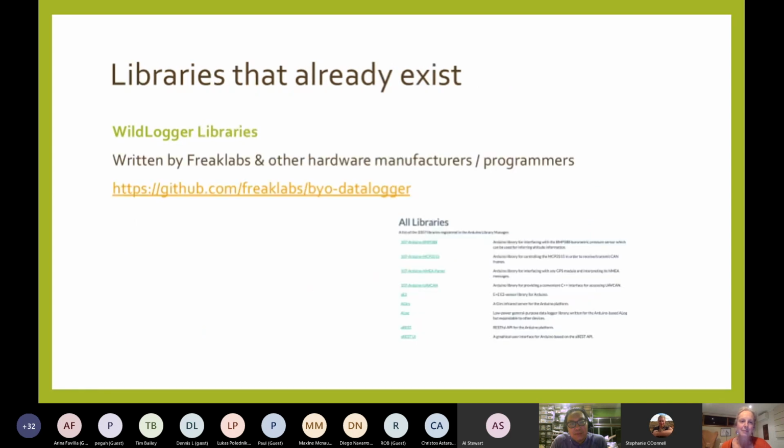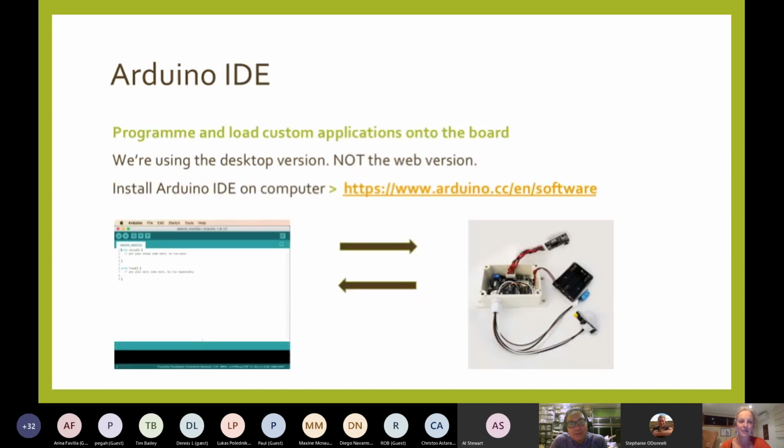We've also written libraries, and we'll explain a little bit more about them. They're available on GitHub, and also include some of the other hardware libraries that you may need. Finally, the other thing you'll need is the Arduino IDE to program and load custom applications onto the board. We're using the desktop version, not the web version, and this is free to install from the Arduino website.